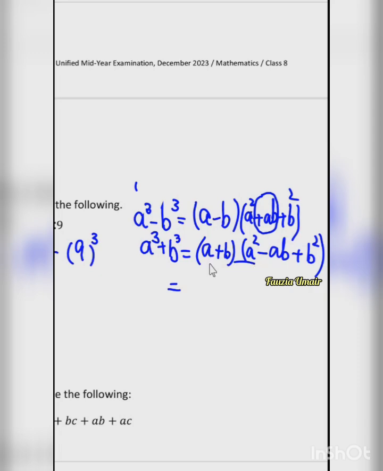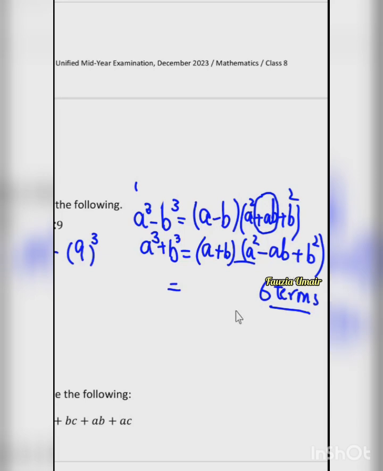If you multiply it later on in your own time, you will see that when you multiply an expression with two terms by an expression with three terms, you will get 6 terms after multiplication. Out of those 6 terms, 4 terms will be cancelled, and you will only be left with a cube plus b cube.